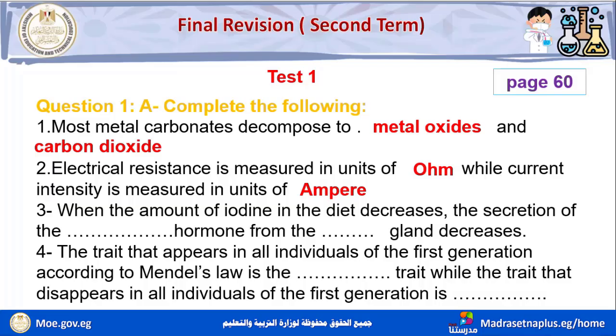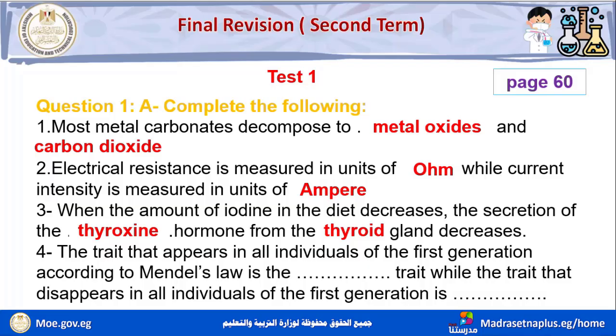Question number 3. When the amount of iodine in the diet decreases, the secretion of the thyroxine hormone from the thyroid gland decreases.